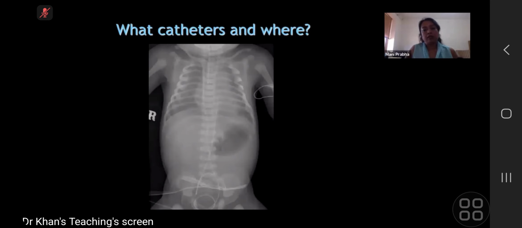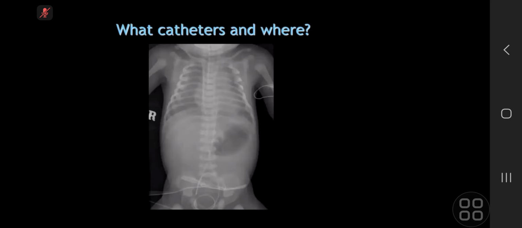Okay, first case for you, candidate 2. Okay, so I'm provided with the babygram in which I can see multiple lines and tubes. First of all, I can see the endotracheal tube, which is slightly downwards, and it's at the level of T4.